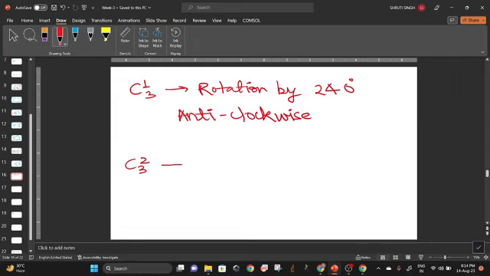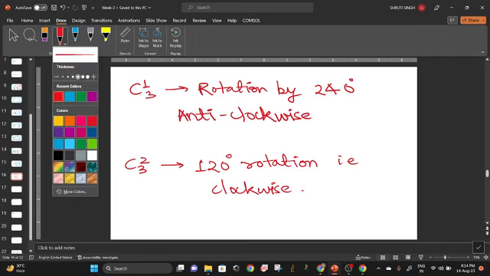When it is C3 squared, then you have to apply a 240 degree rotation, that is anti-clockwise. I have verified this. This is given everywhere in books and on the internet also. So always apply anti-clockwise rotation; if not mentioned, we have to apply anti-clockwise. Okay, now madam, if we apply anti-clockwise, I think we will get the answer in this question.